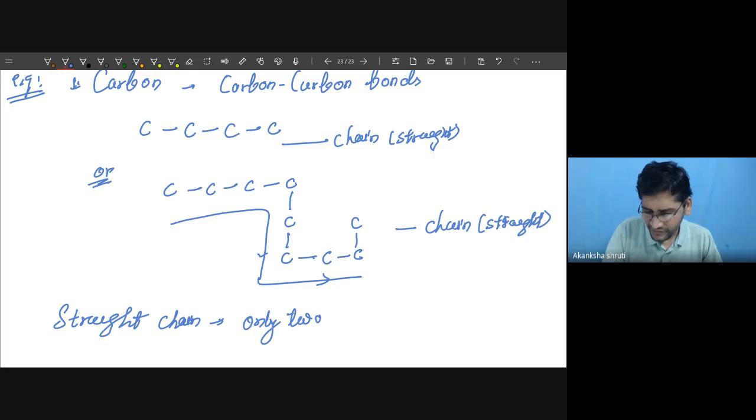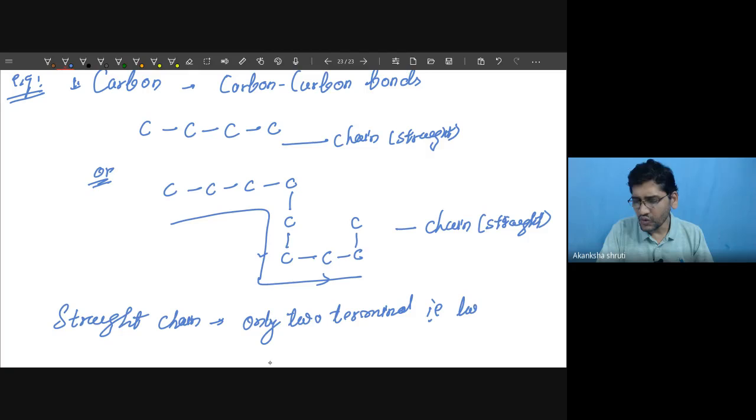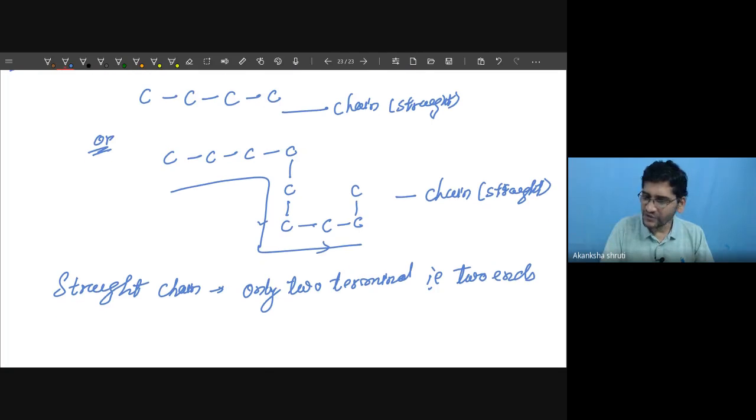Only two terminals means only two ends are there. If you start from one end, you are able to reach the other end only. You cannot have more than one path, only one path.